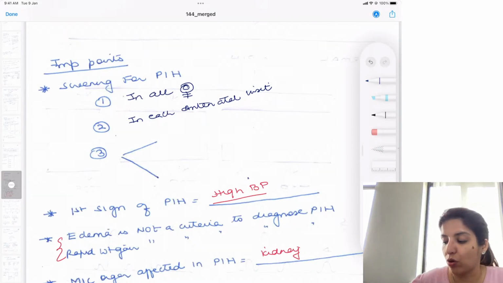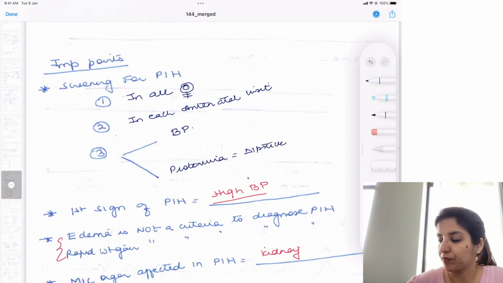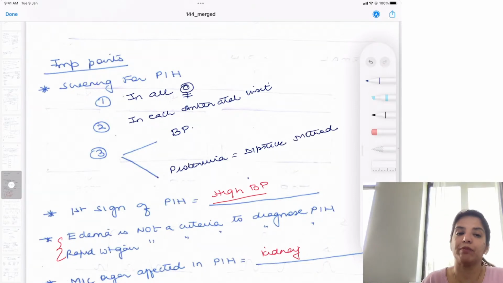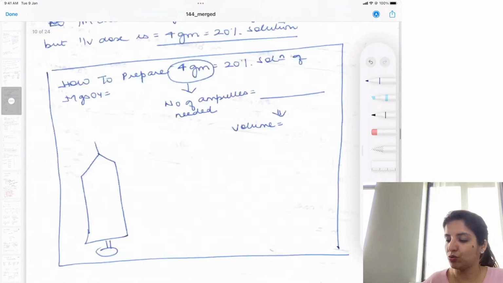And for screening, you are going to measure BP and you are going to look for proteinuria by dipstick method. So in each antenatal visit I am going to check her BP and check for proteinuria by dipstick method. Right?